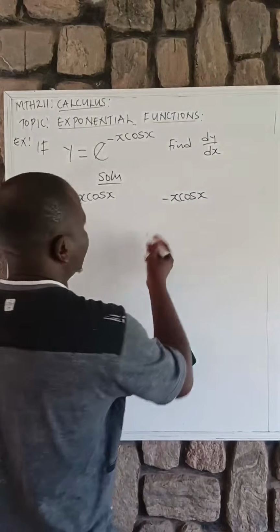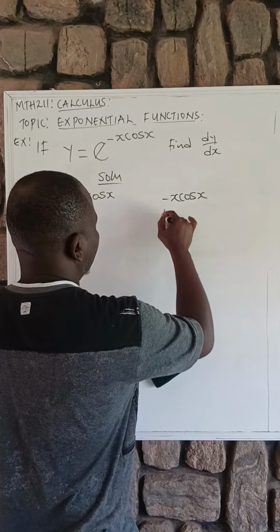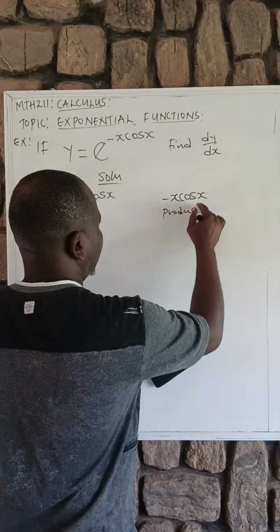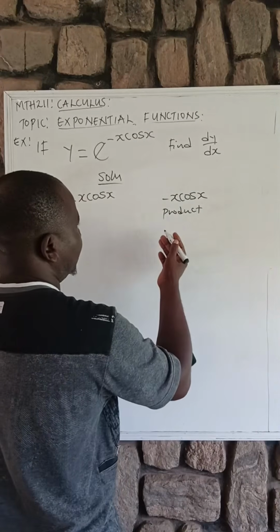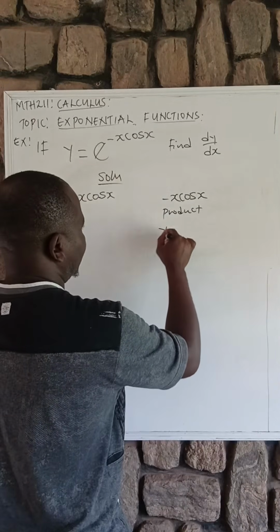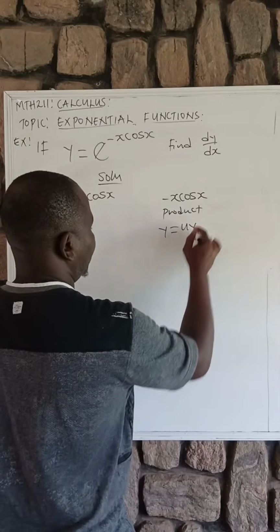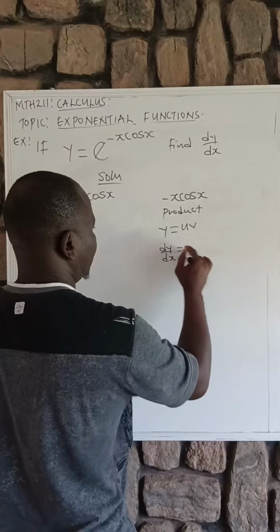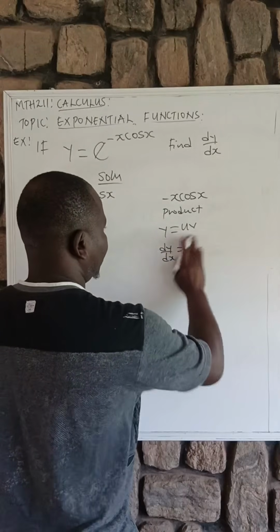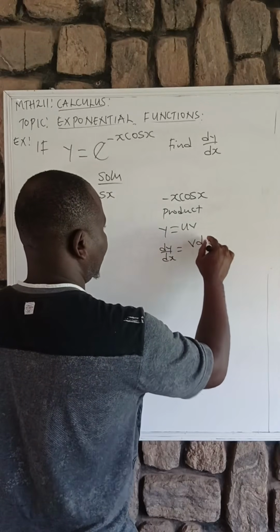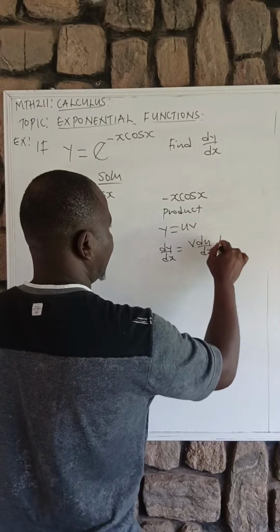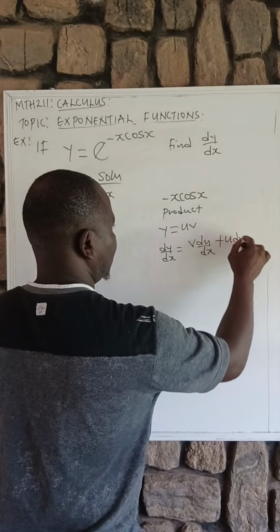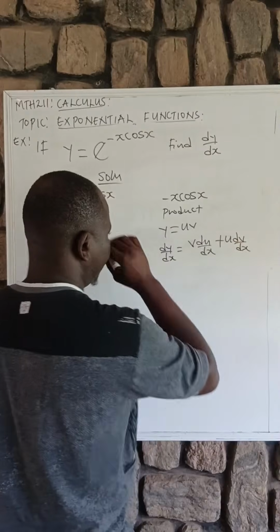Okay, let's use the product rule. I think that will be more understandable for you guys. y equals uv, so dy over dx is equal to v du over dx plus u dv over dx, right?